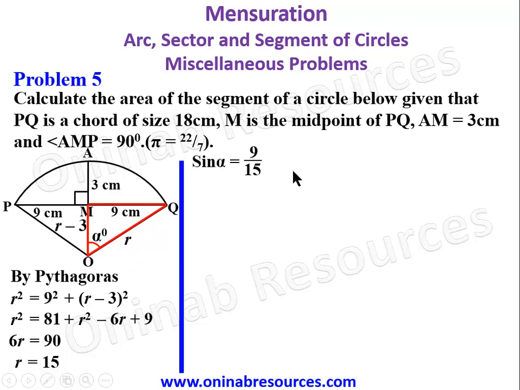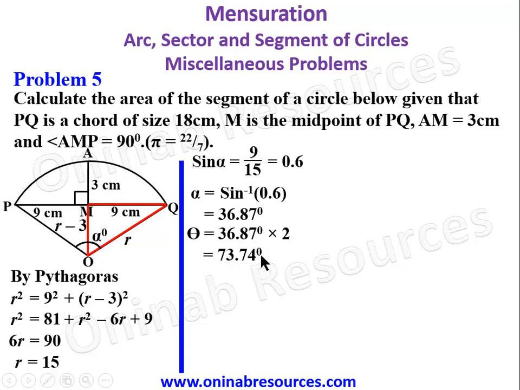That gives 0.6, and alpha is sine inverse of 0.6, which gives 36.87 degrees. The angle of the sector now is 2 times alpha, so theta is 36.87 times 2, which gives 73.74 degrees.